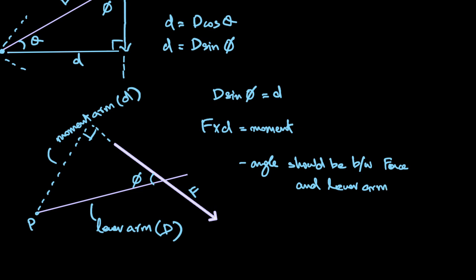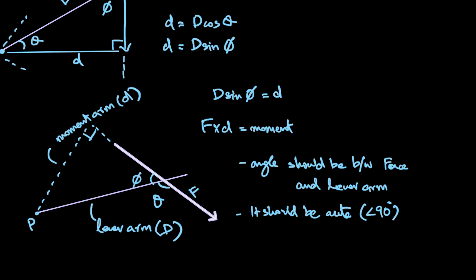And the second is that you should always take the acute angle, or less than 90 degrees. Since in this case, this angle theta is also an angle between your force vector and the lever arm, but the distance it gives you is not the perpendicular distance.